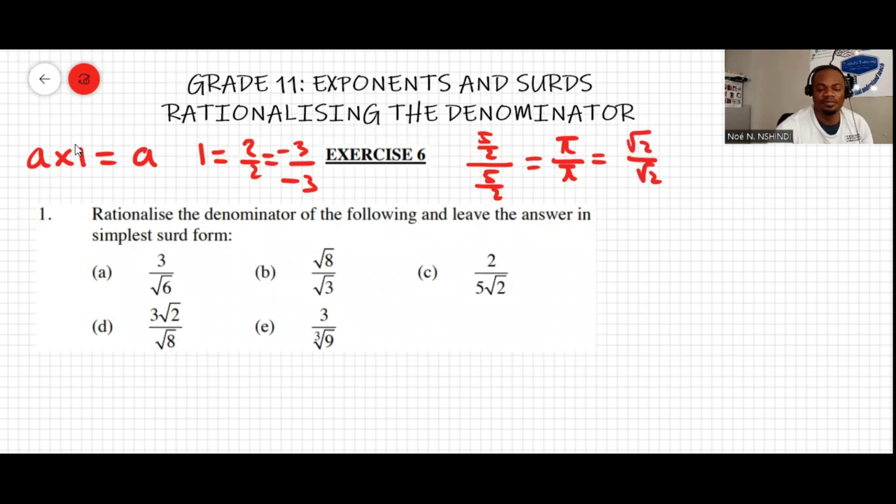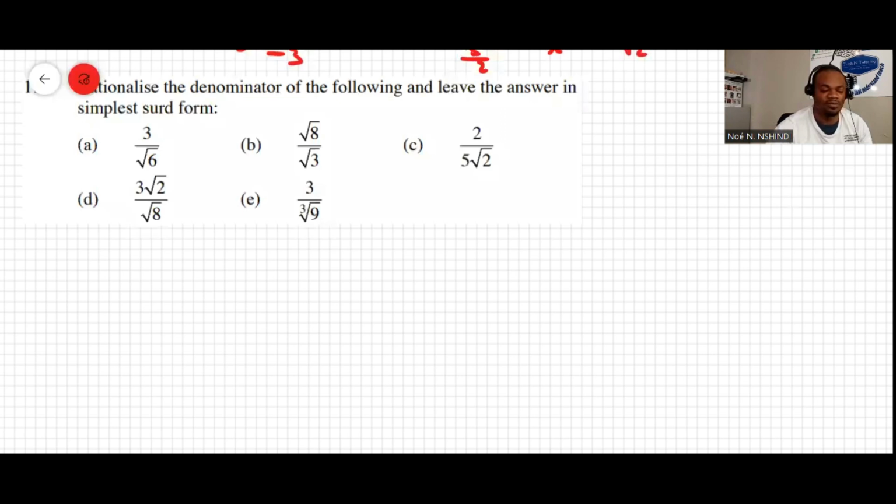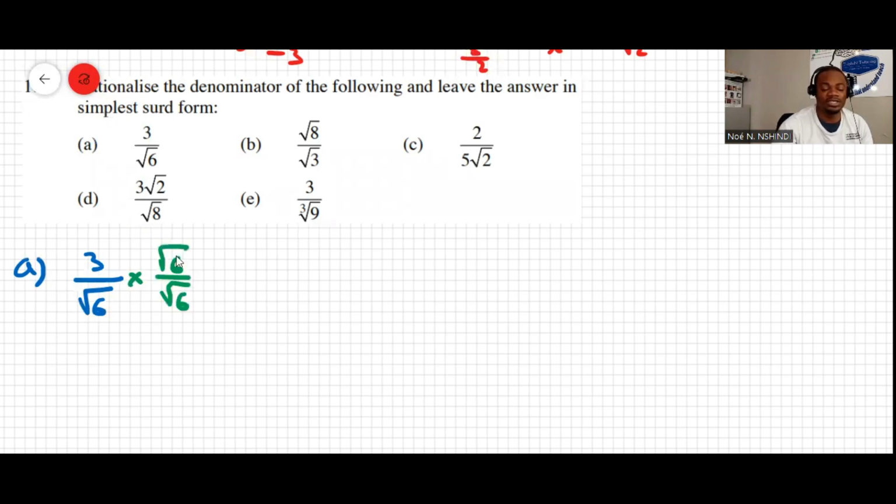Now, to rationalize these questions, let's start with A, that is 3 over root 6. To rationalize it, I'll multiply this by root 6 over root 6, knowing that root 6 over root 6 just makes 1.